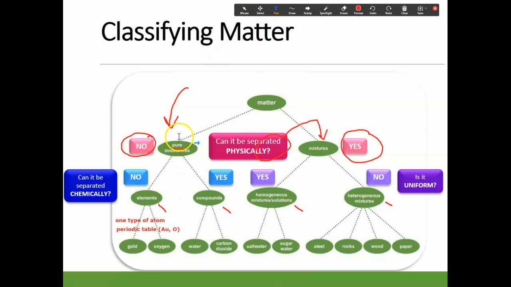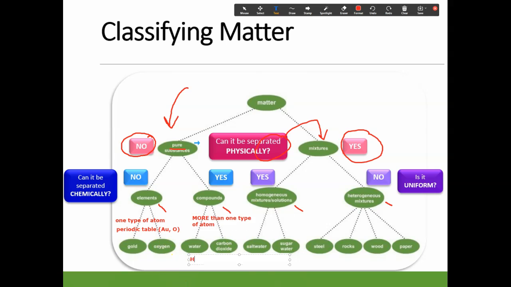Compounds, on the other hand, again, are still pure physically. You can't physically separate a compound, but they can be separated chemically by undergoing chemical reactions, which we've learned about. But compounds are going to be made up of more than one type of atom. And so we have some examples here, right?